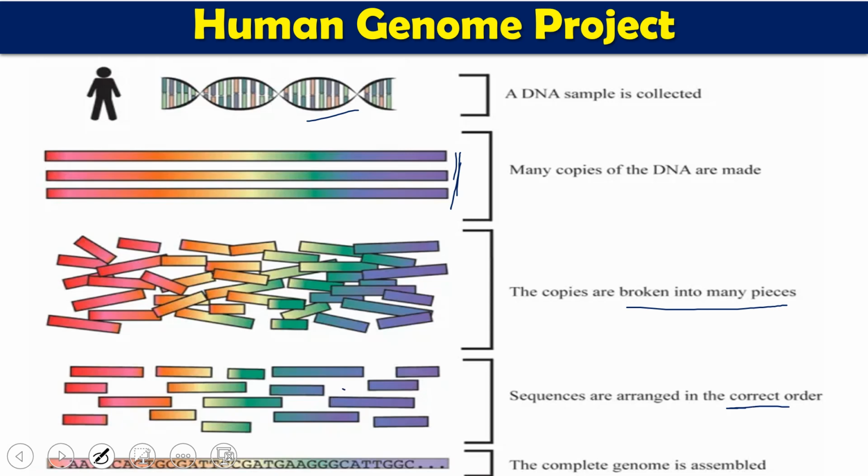Like you can see, this portion of this DNA is overlapping with this one, so the sequence of this region will be similar to this sequence region. After evaluating such overlapping regions, the DNA fragments were arranged and the complete human genome sequence was evaluated.